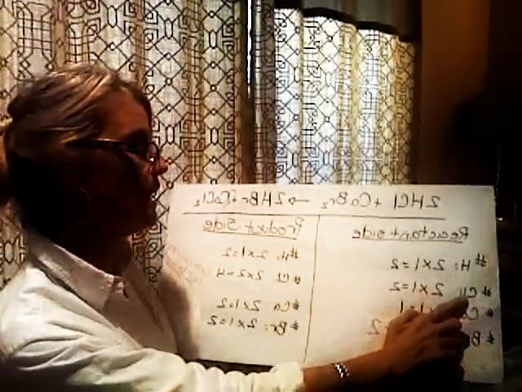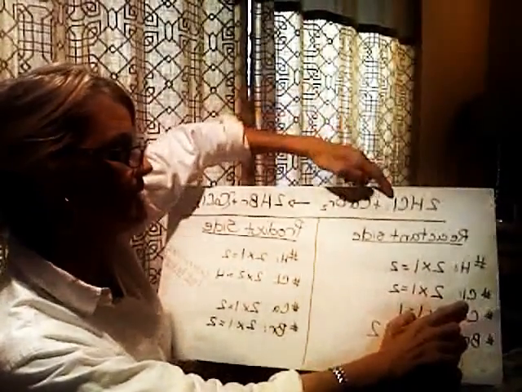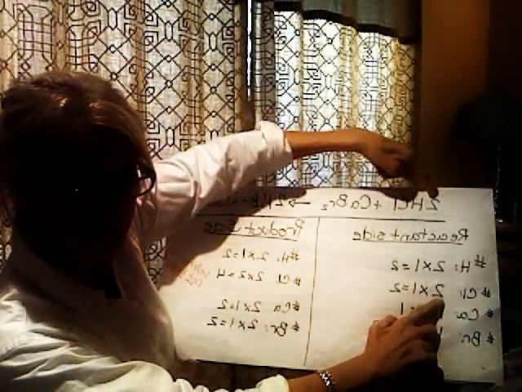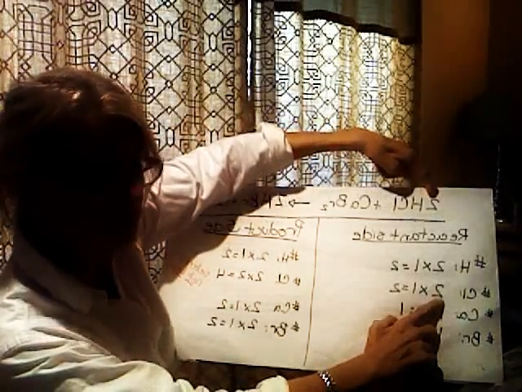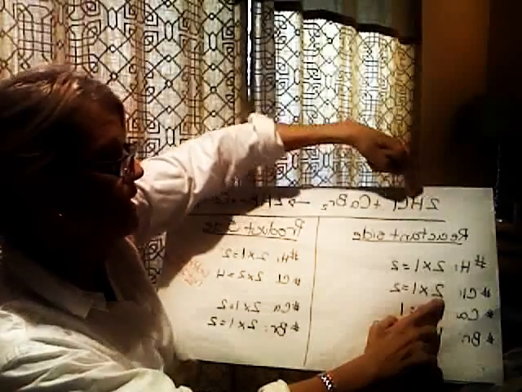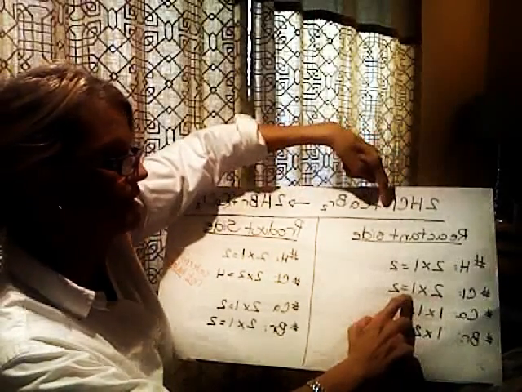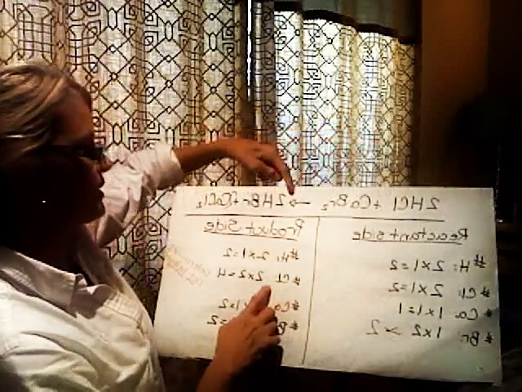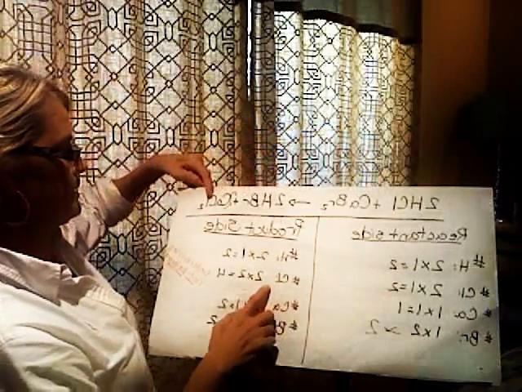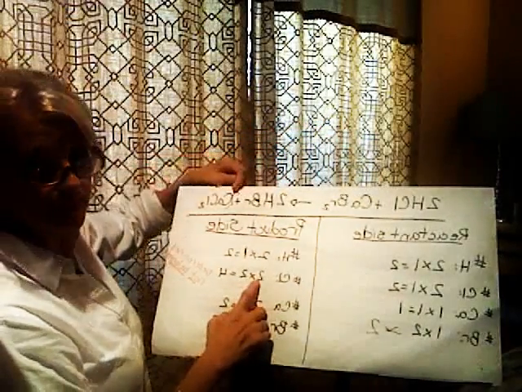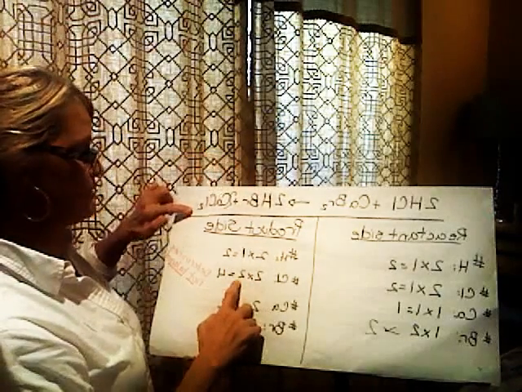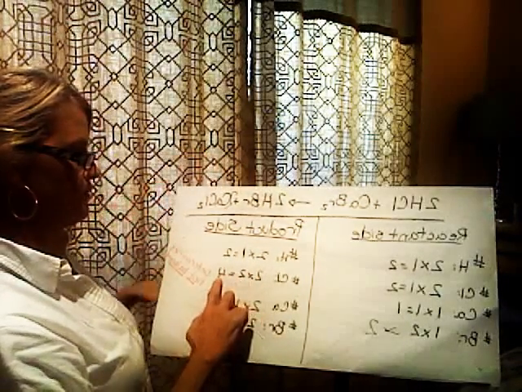Now let's look at the chloride. We have Cl, we have 2 to the left, because remember, this is a molecule. We have 2 of them. And we do not have anything in the subscript, so 2 times 1 is 2. Over here, we have 2 in the molecule here, and then we have a subscript of 2. 2 times 2 is 4.